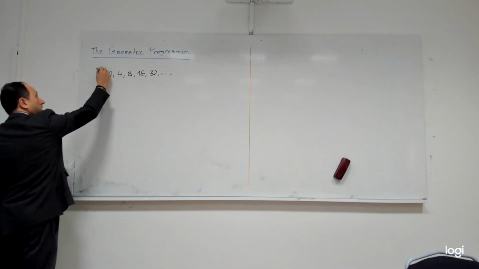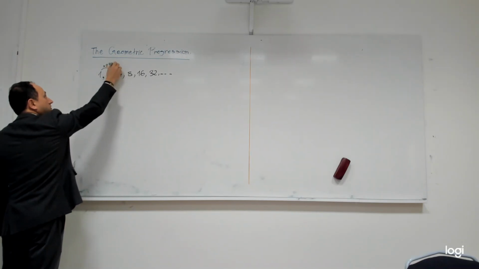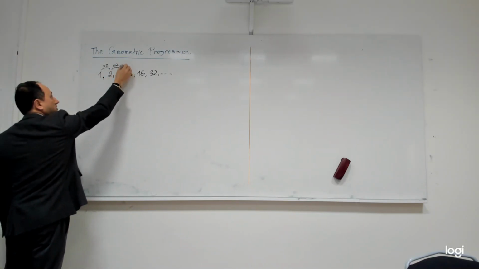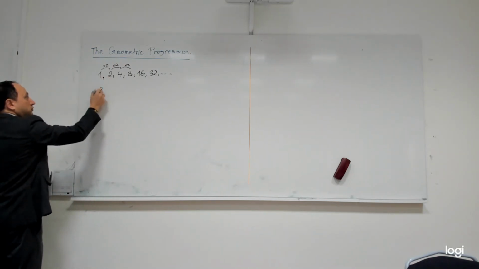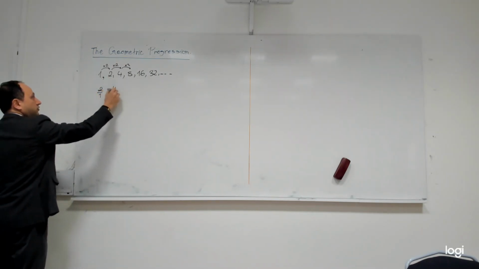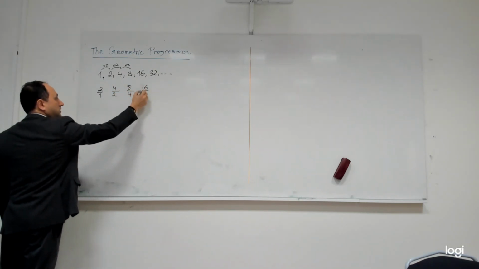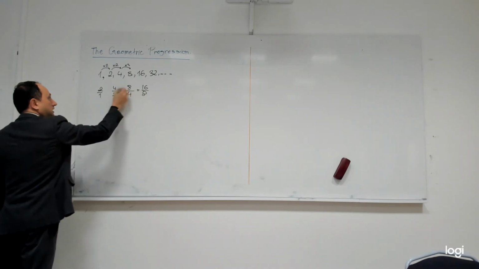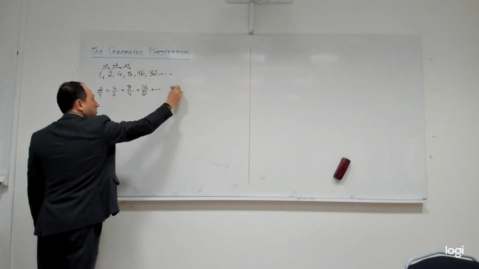And the number that I am multiplying each time is called not the common difference, for a good reason. It is called the common ratio. The reason is that the ratio of 2 over 1 is the same thing as 4 over 2, the same as 8 over 4, the same as 16 over 8, and so on. This is called the common ratio.